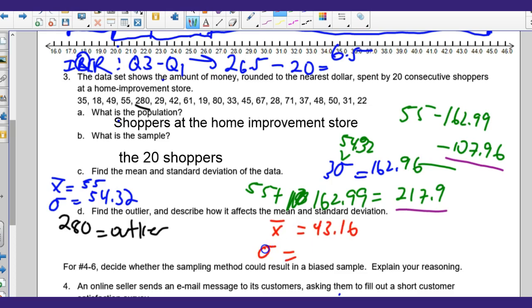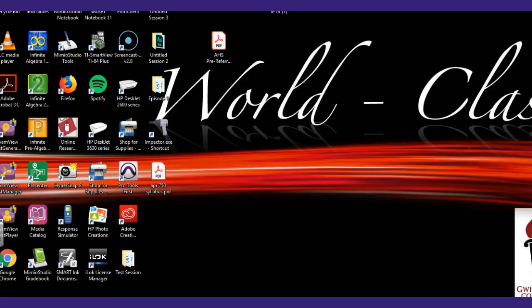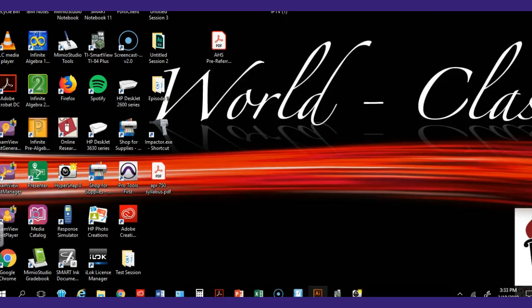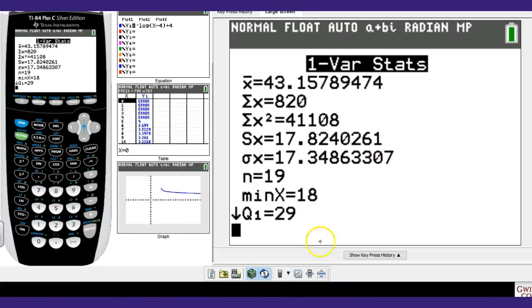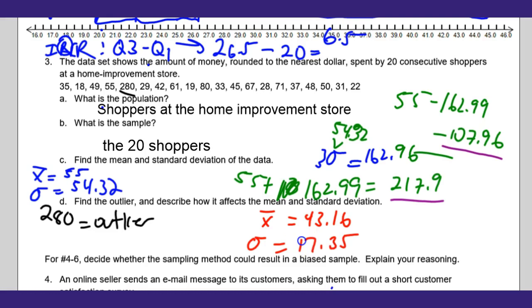And sigma is, let's see, what's the standard deviation? 17.34 or 35, 17.35. So this is without the outlier.